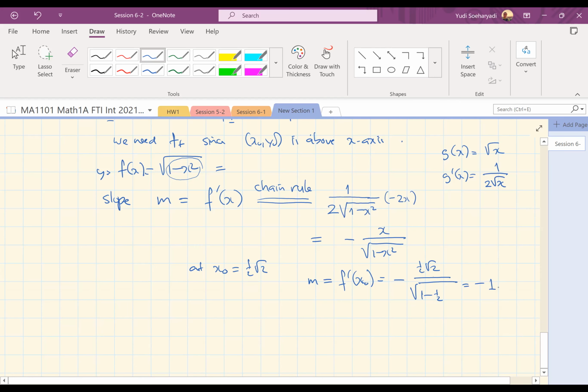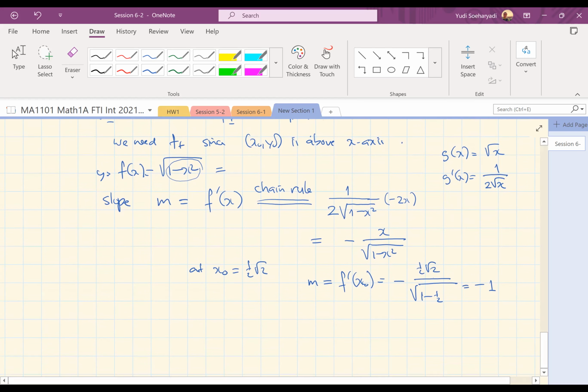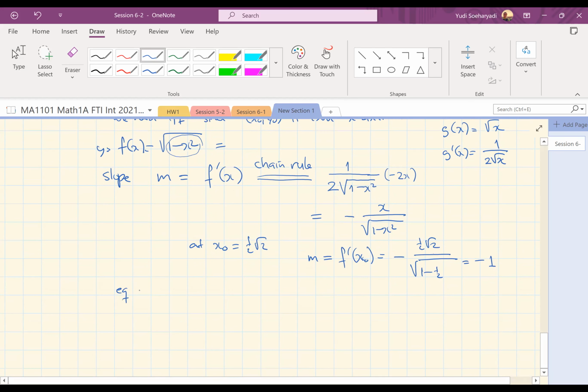So you get the slope, right? Okay, you see the same steps that we need for the tangent line. So y minus this, m.